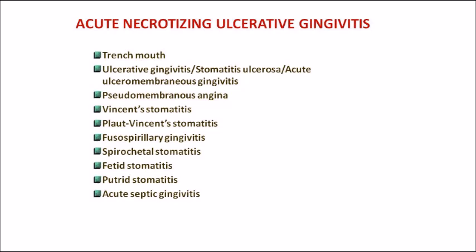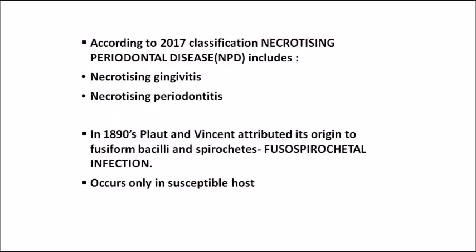Then fusospirillary gingivitis, based on the causative organisms, spirochetal stomatitis, then fetid stomatitis because of the fetid odor it presents, putrid stomatitis because of the putrefaction, and finally acute septic gingivitis because it's an acute infection of the gingiva.